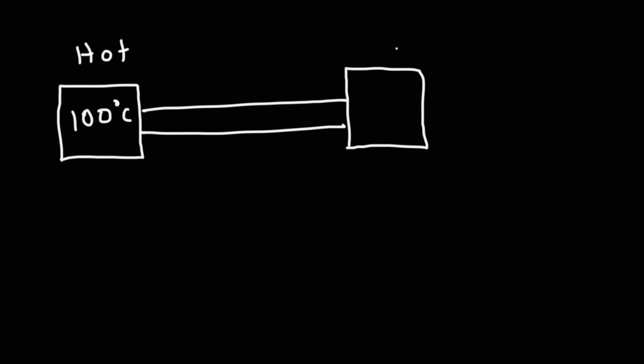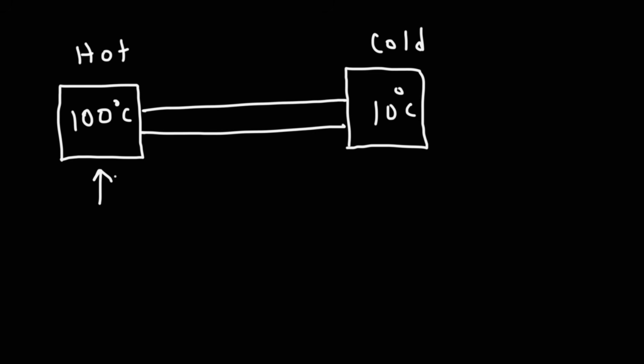Now the same is true with heat. Let's say we have a region of high temperature, let's say this object is hot, it's at 100 degrees Celsius, and this part is cold, let's say it's at 10 degrees Celsius.